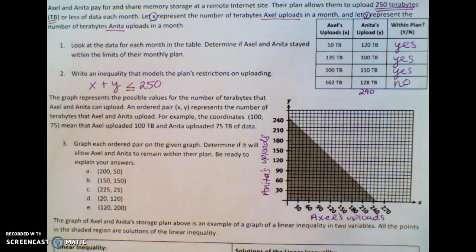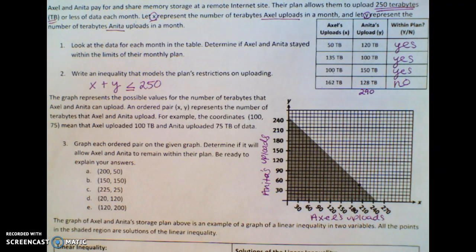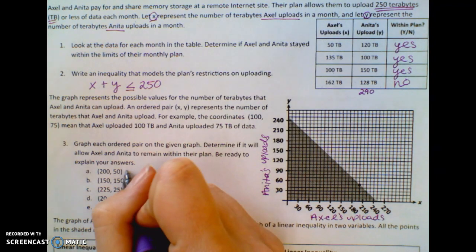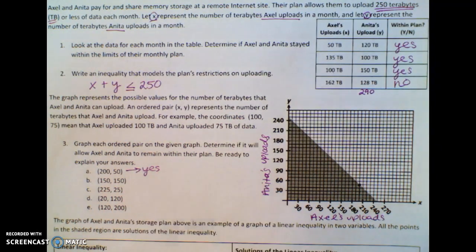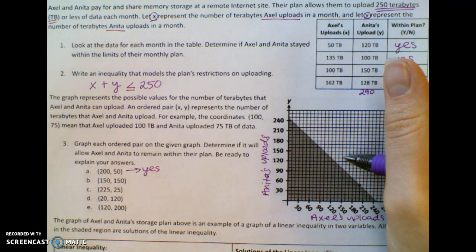Now, these are scaled by tens, so 200 will be here, 50, and let's go ahead and place that on our graph. That is right here on the line. So yes, that one is a part of our shaded region. We want to know if it falls into their plan, and yes, it does. They stayed within their plan there. Now let's go to 150, that is here.